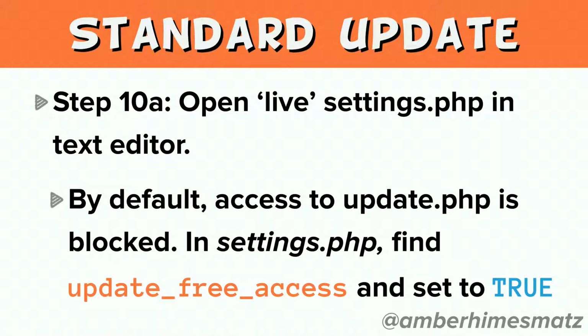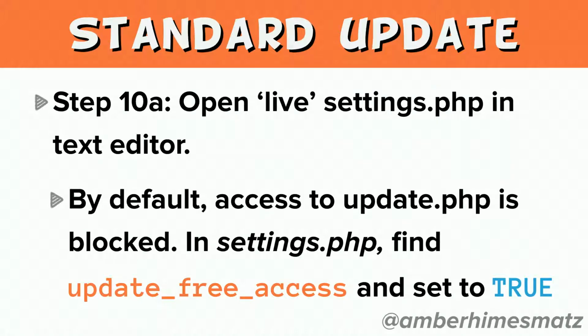And by default, access to update.php on a live site is blocked. So it's the setting called update free access. You can find that in settings.php. It's a good idea to have some kind of text editor on a server that you are familiar with, whether it's Vim or Nano or whatever it is.